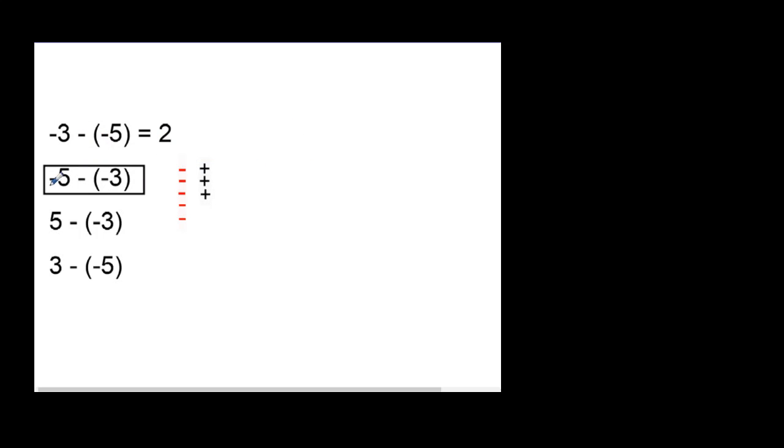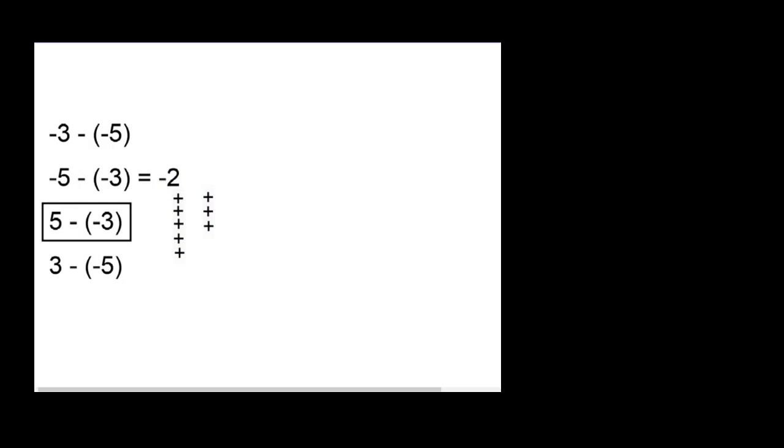If I have negative 5 minus negative 3, that's going to be the same as negative 5 plus a positive 3, which means that I'm combining negative 5 with positive 3. And if I combine negative 5 with positive 3, that's going to leave me with negative 2.